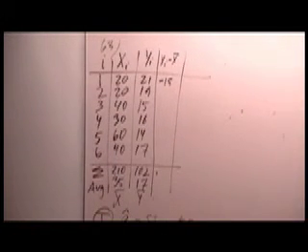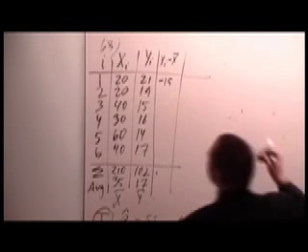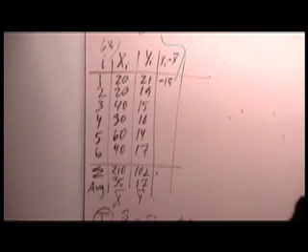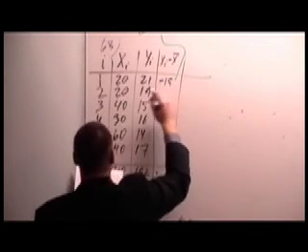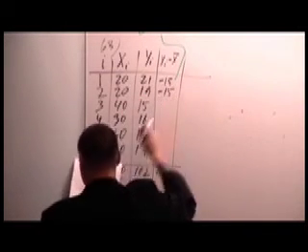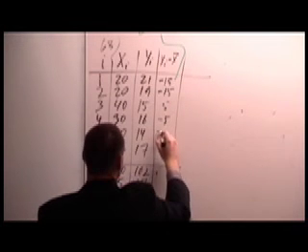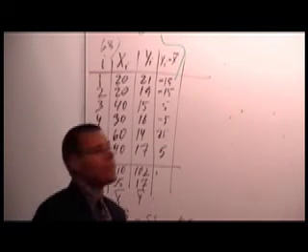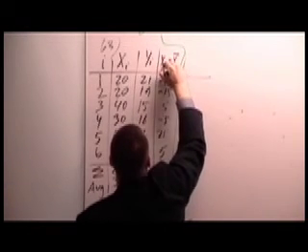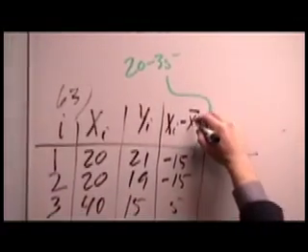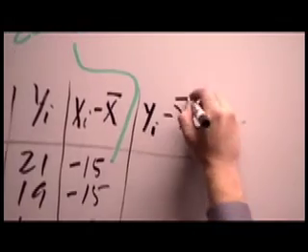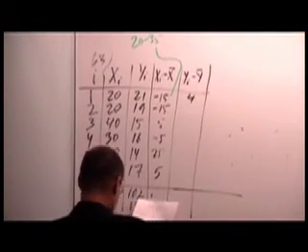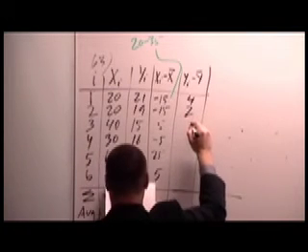And similarly, we get 20 minus 35 again, minus 15, then minus 5, 5, 25, and so on. Here we have y minus y bar: 21 minus 17, that's 4. 19 minus 17 is 2, and so on.